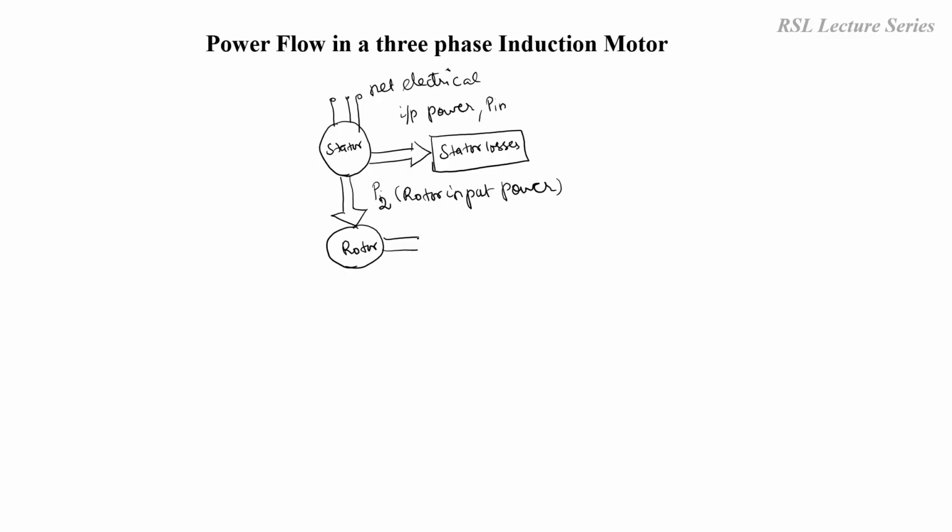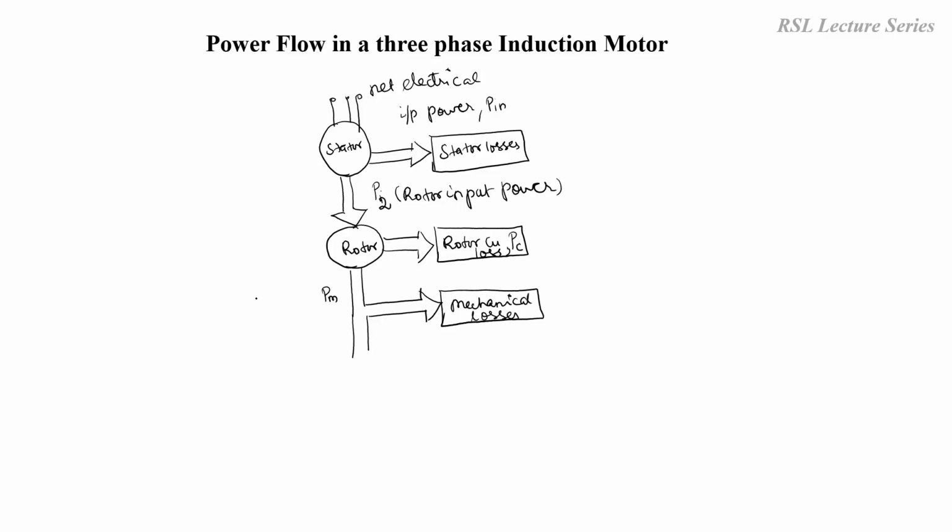Again, the rotor has to supply the losses, which is nothing but the rotor copper loss, because in the rotor we have only copper loss. So it has to supply the rotor copper loss, which is represented as PC. Again, this P2 minus PC will give you the mechanical power PM. This PM has to supply the mechanical losses, which here are friction and windage loss.